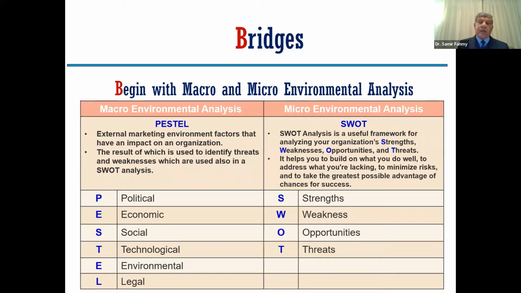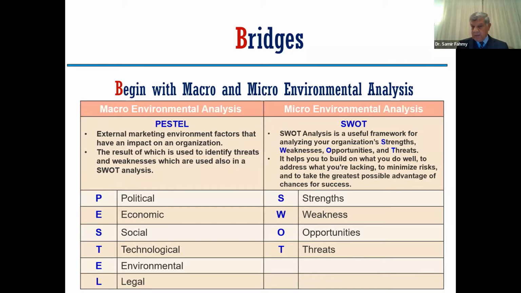And recently they have added one more E to make it PESTEEL, and the additional E stands for ethics. So you can't seek or discuss or overview all the details without guaranteeing the ethical approach in every step you analyze.